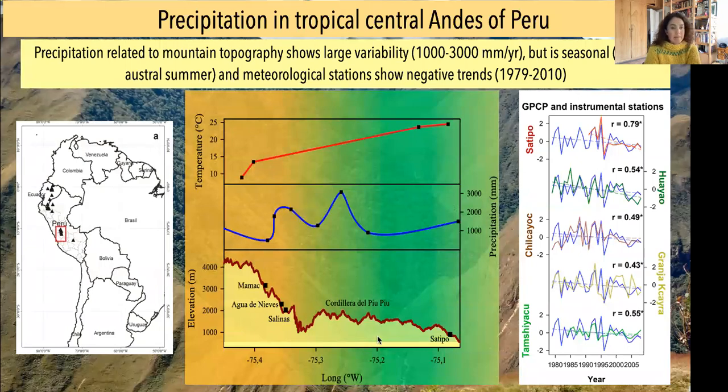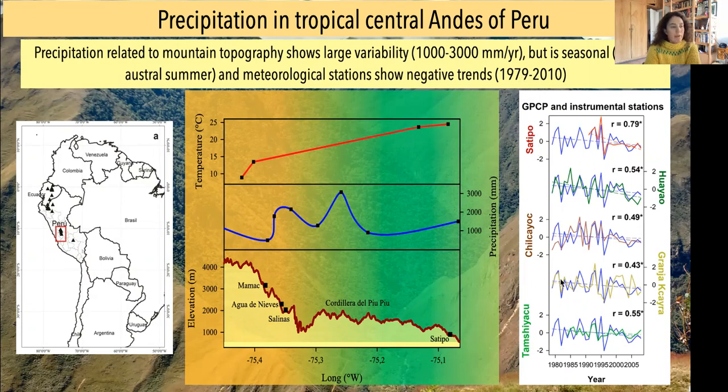So the Andes in these regions form a topographic barrier that produces a strong gradient in precipitation, with different total values at local scales, which are very dependent on local topography. Complete instrumental data and a relatively good representation of rainfall over this region in Peru is available from 1979.